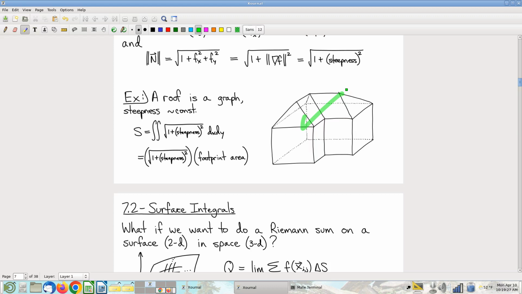It's a ton of money, and if you're talking about spending $10,000 or $15,000 on shingles and roofing, you don't want to get overcharged. So if they come to you and say, your roof is this many square feet, wouldn't you like to be able to check that? Because that'd be a pretty easy place for them to hide an accident. So how would you compute that area?